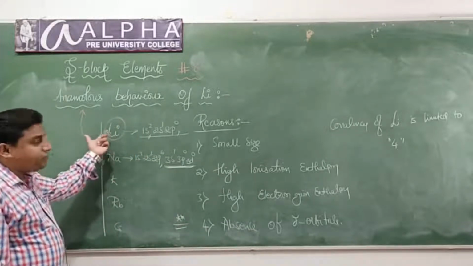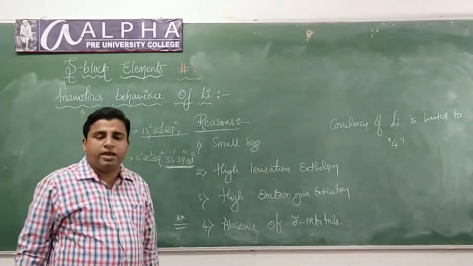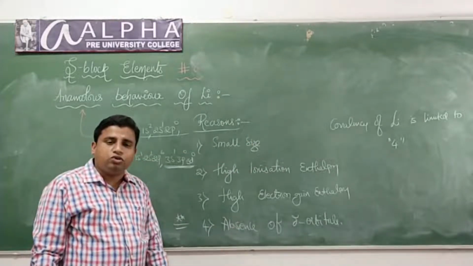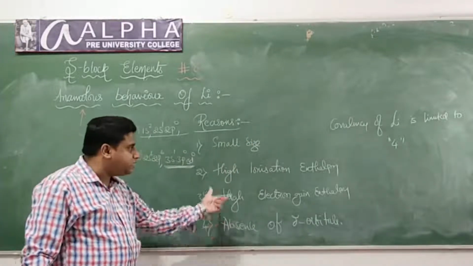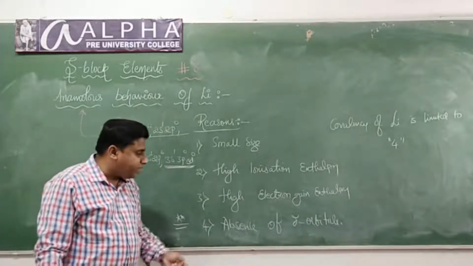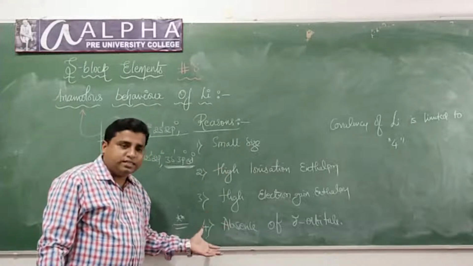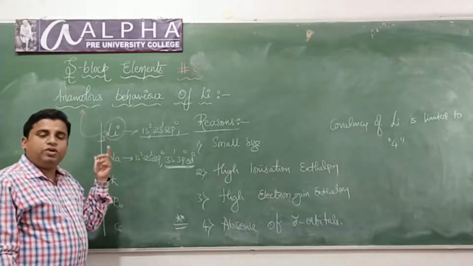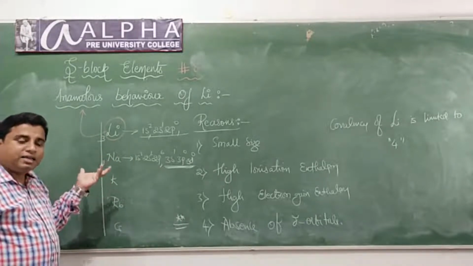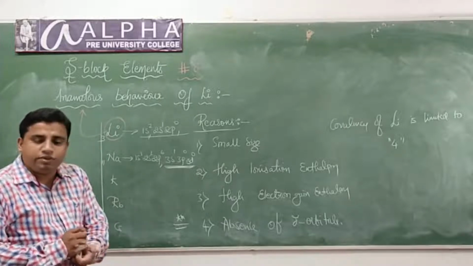Since there are no d orbitals in lithium, lithium cannot expand its covalency. Its covalency is limited to how much? 4. Because of all these reasons, small size, high ionization enthalpy, high electron gain enthalpy, and the absence of d orbitals, lithium will exhibit certain properties which are different from the properties of other alkali metals. I hope you understood the reasons for anomalous behavior.